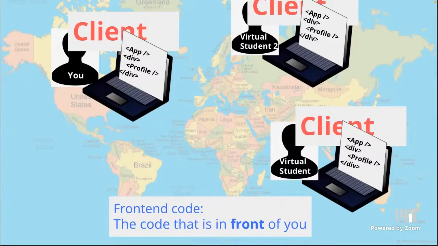They could be anywhere. They pull out their laptop, and when they type in your URL in their browser, what they see is the front end code. It's what's visible to the user. It is what makes your site look good. It's basically the user-facing part of the website.